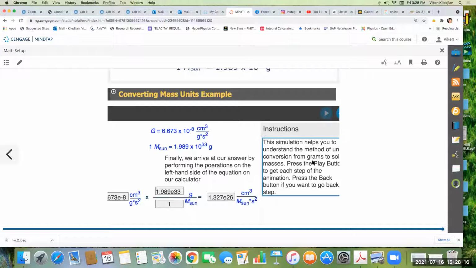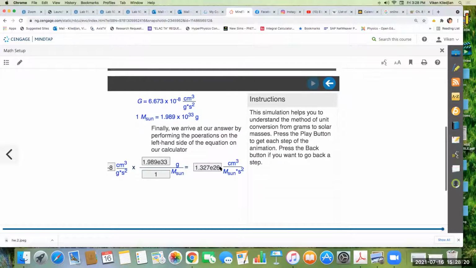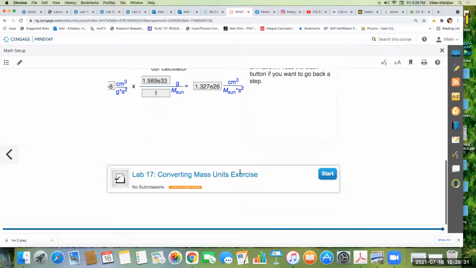Is there any other play button here? No? Okay, so let me actually calculate for this one and convert it to the units that they want.